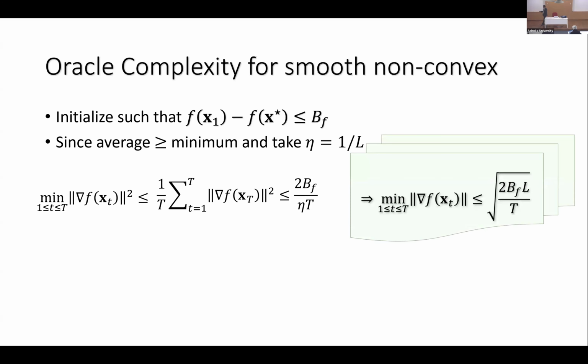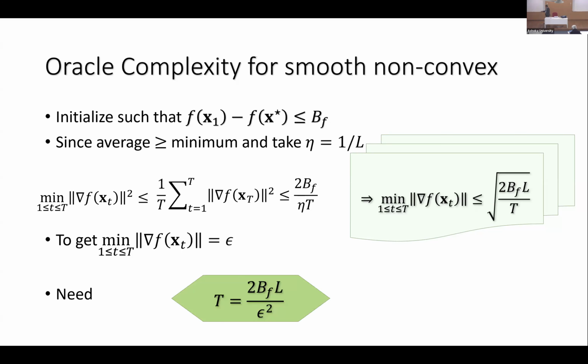So this is my result, and then I can translate this result. I've taken square root on both sides. So I can translate this result into oracle complexity, because I could say that I want this minimum to be epsilon. I'll keep track of all the gradients, and wherever the minimum is, I want that to be epsilon, because I want to be epsilon close to the stationary point using this metric.